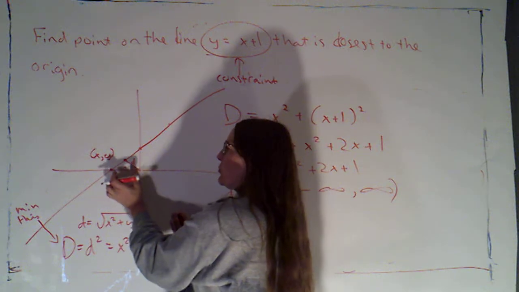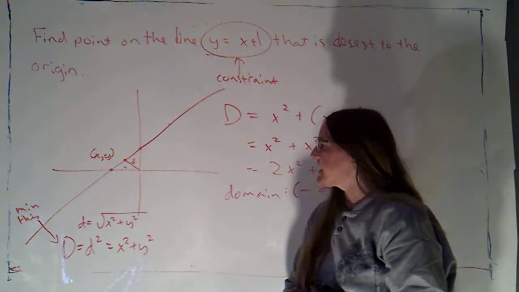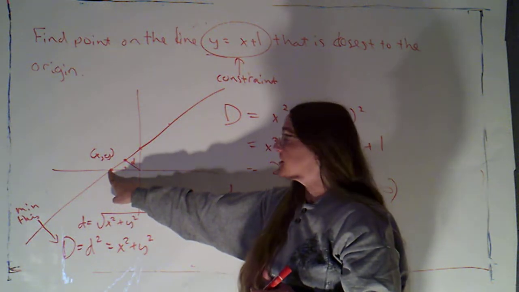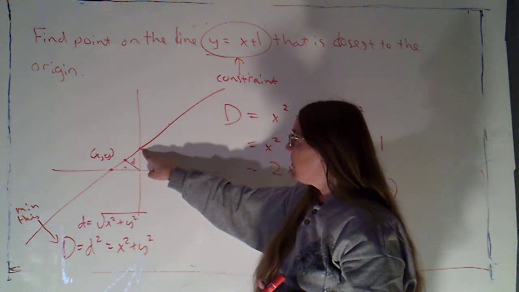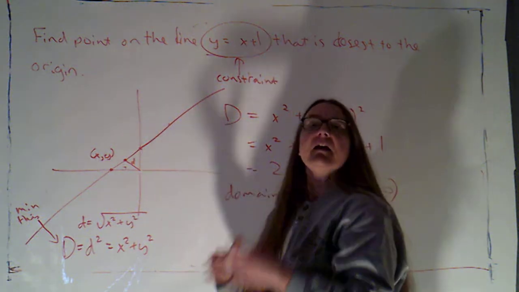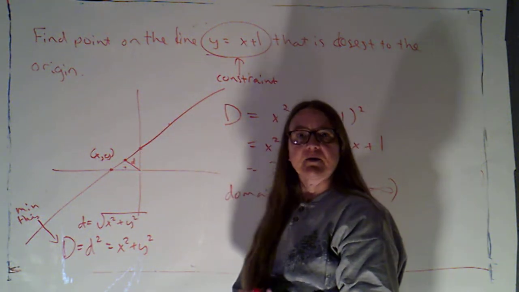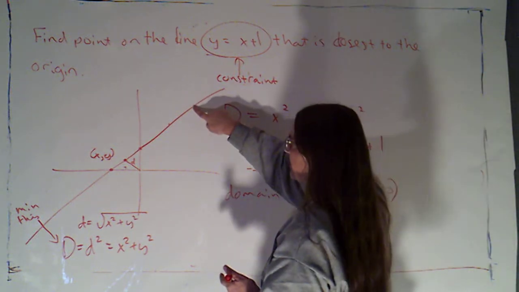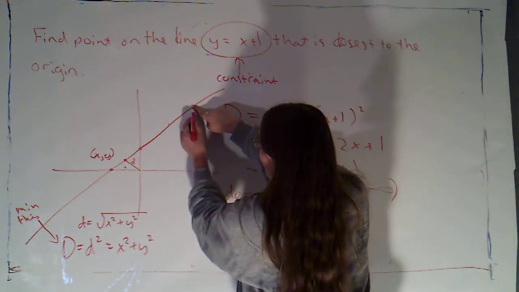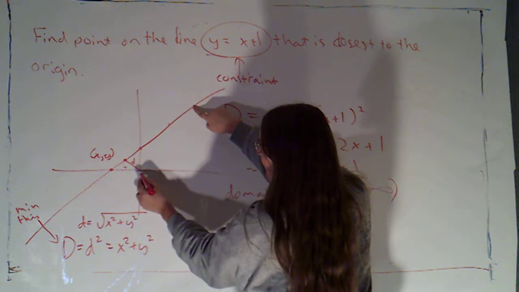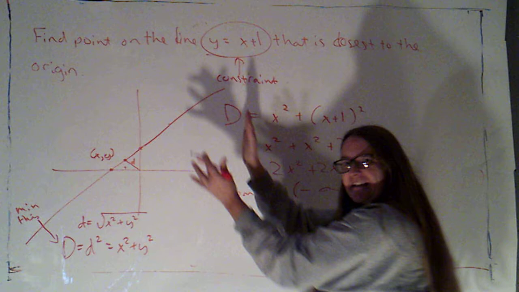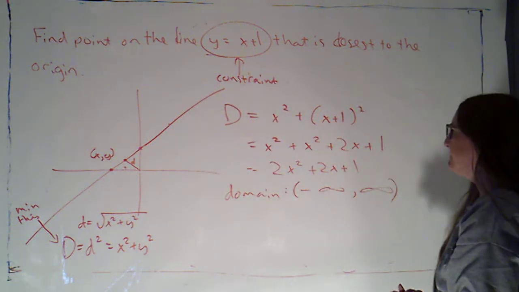So if I wanted to work on the closed interval of x values between -1, where the line crosses the x-axis, and 0, where it crosses the y-axis, that would be another perfectly acceptable choice I could make. Because I can have points over here, but I can see by inspection that the distance from this point to the origin is longer than the distance from this point to the origin, so that's not where I'm going to find my min.